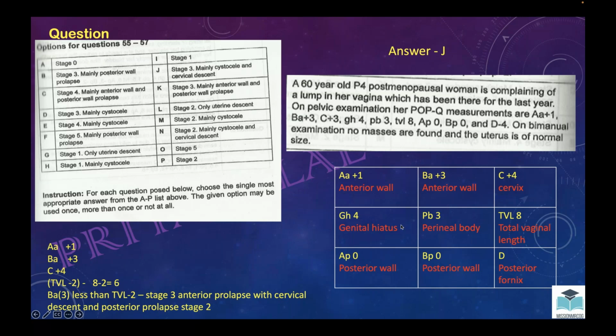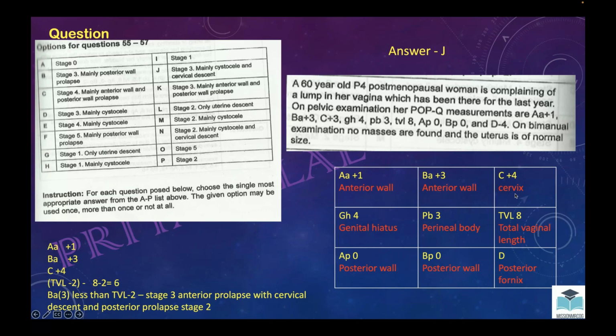Now it's plus 4, C plus 4. Any plus means it is outside the hymen, so the cervix is 4 centimeters outside the hymen. So it is cervical descent. The cervix is coming out.